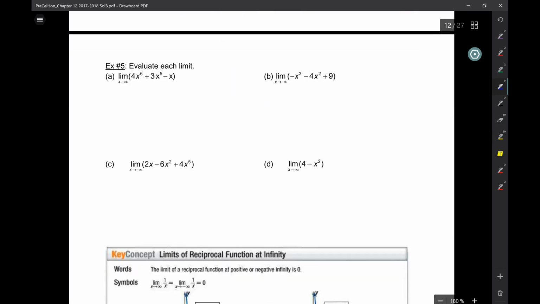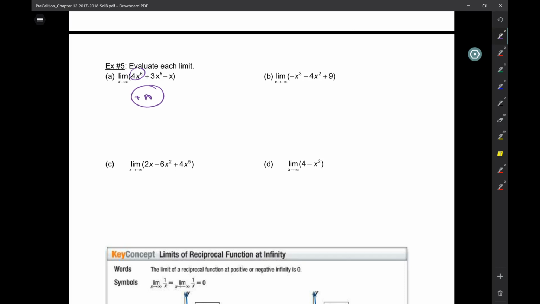Okay, so here we go. Let's evaluate each limit. Again, I only take the term with the highest power, not the first term, because it could be out of order. So the limit as x approaches infinity, I don't need to write it, would be positive infinity, right? Students always ask me, do I need to show work?